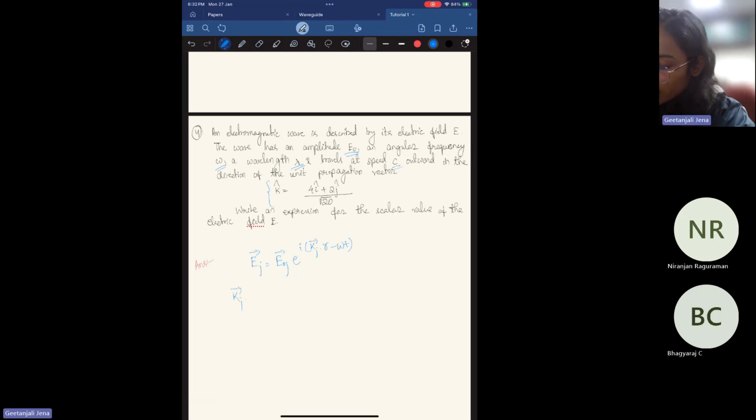This you can write as k0. Instead of k0, you can write k dot r, which is x i cap plus y j cap plus z k cap.